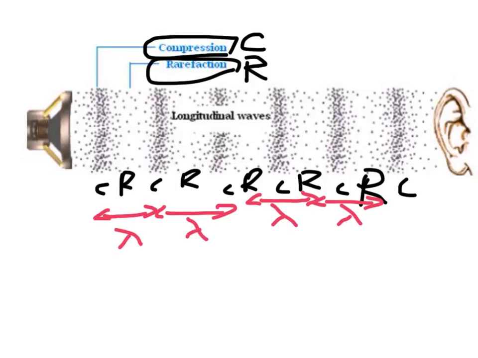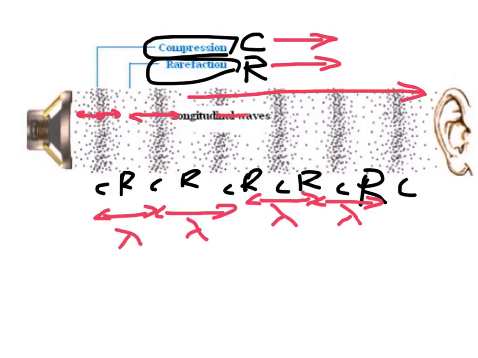The compressions and rarefactions are propagating in the direction parallel to the direction of the wave travel. However, the particles are only vibrating. They are not propagating in the direction of the wave travel.